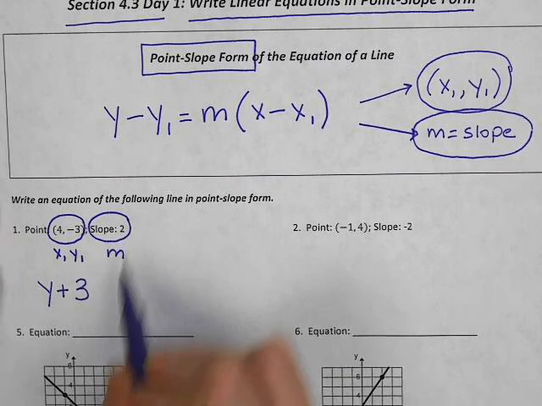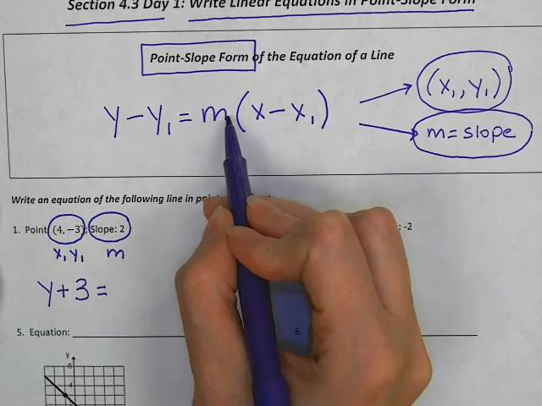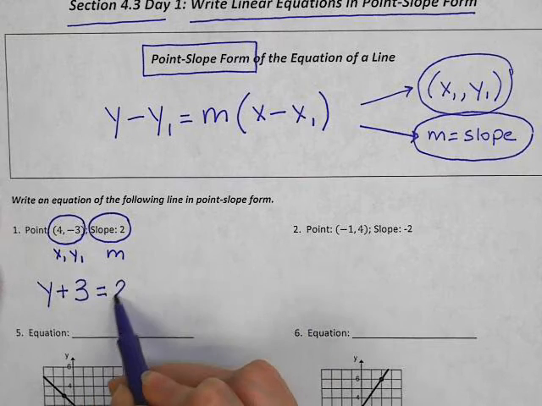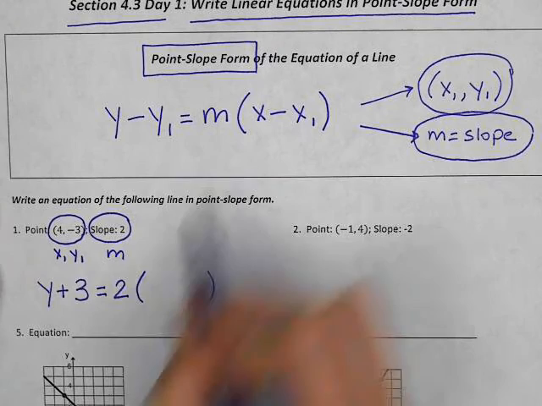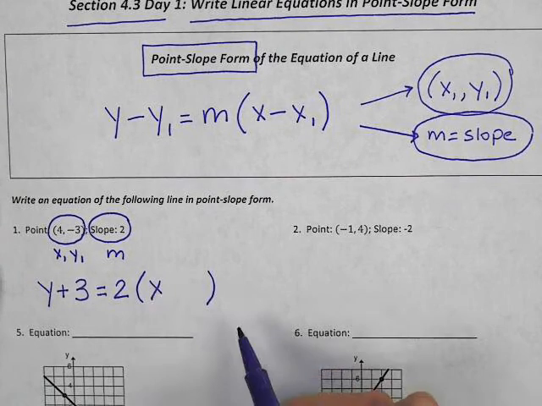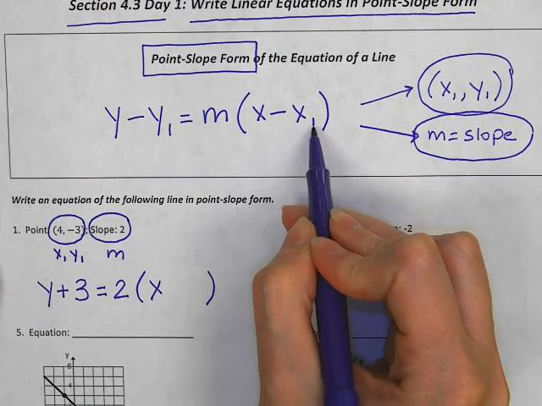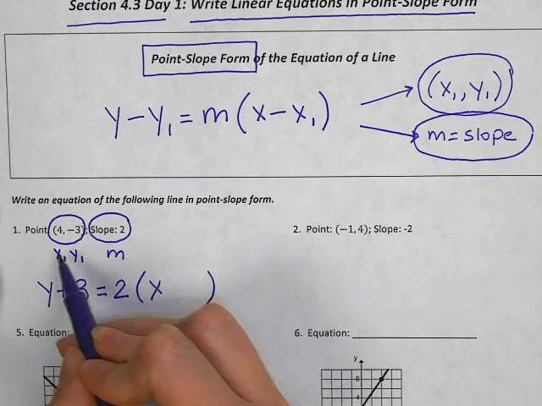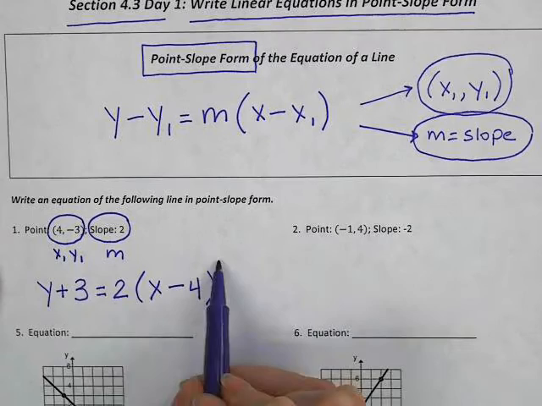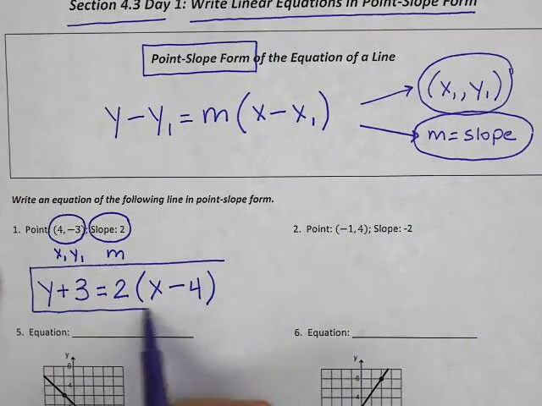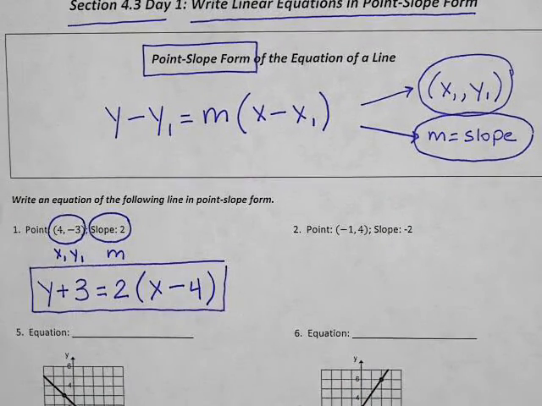Okay, then we have an equal sign. M is given as 2, and then we have parentheses. Normal x stays x, and then we have minus x1, so minus 4. And you actually leave your answer in this form. This is the point-slope form of that line.